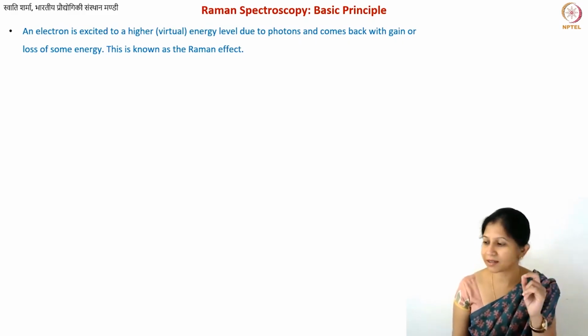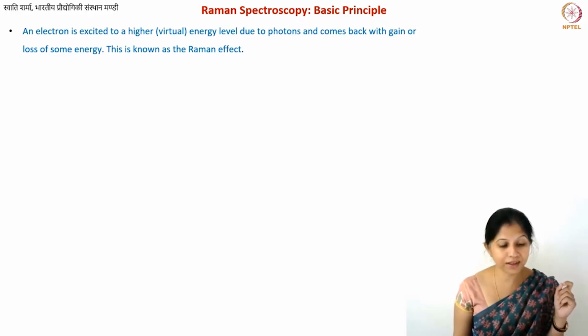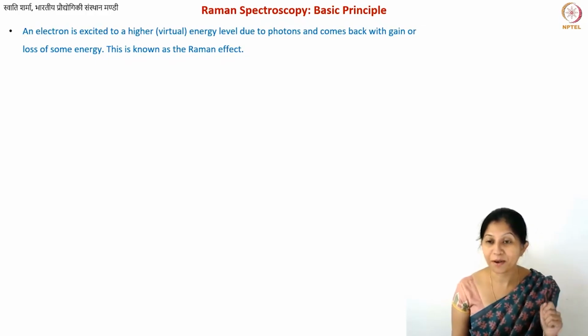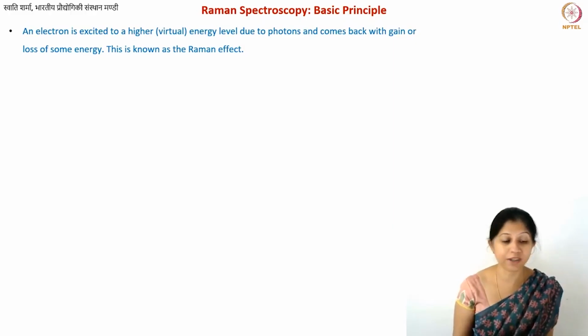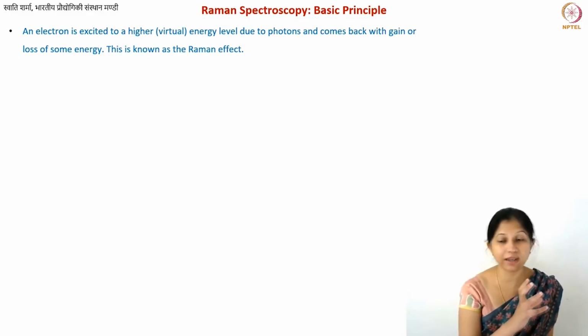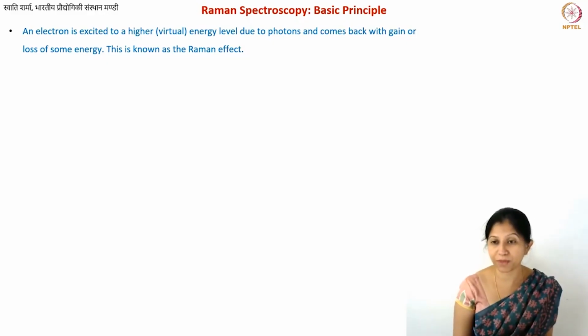Whenever we provide some energy using, let's say, a photon, then we are actually interfering with this natural vibration. There will be some natural frequency of vibration for every molecule, which is characteristic of that molecule, of that material, and which depends not just on the chemical structure, but also the geometry of the crystal and so on. That is what actually gives you the information about the molecule.